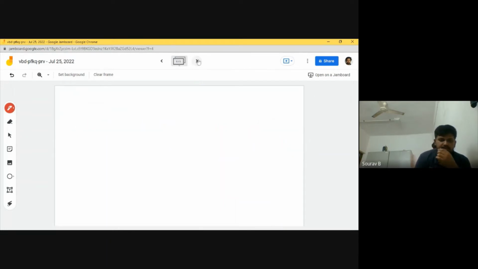So next we have the graph y equal to sin x. So it's a periodic function.